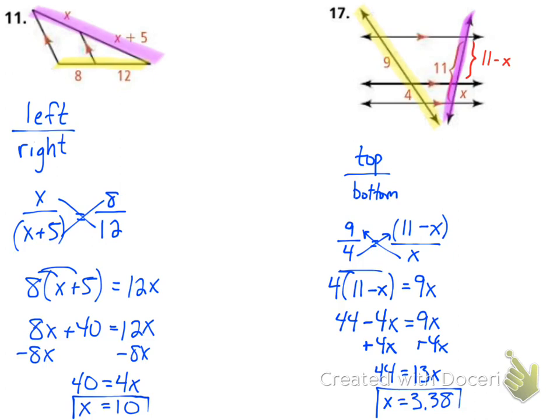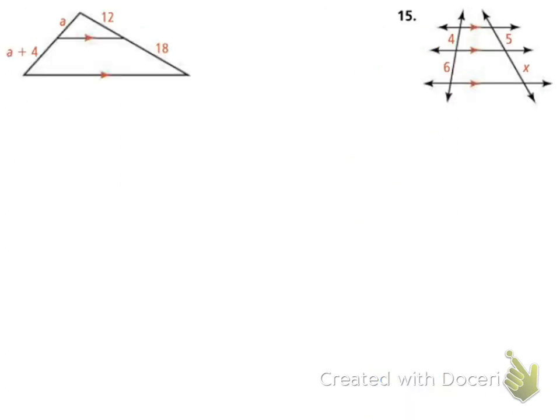Flip over to the back of the notes. Two more problems the same way. Again, parallel lines. I've got my purple and my yellow that it's cutting proportionally. And so I can write it, it's going to be top over bottom. And so I get a over a plus 4 is equal to 12 over 18.